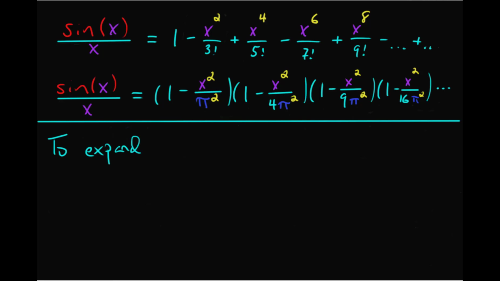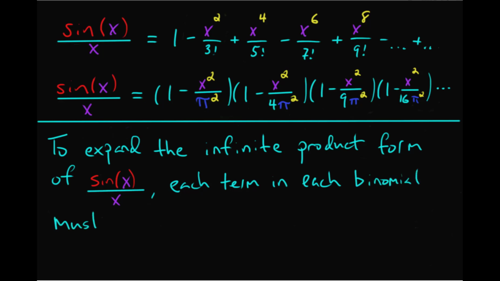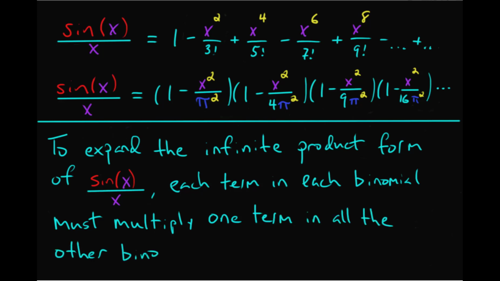Well, multiplying out an infinite product, such as we have for sine of x over x, might seem like a tall order, but all we have to do is follow the ordinary procedures that we would always follow for multiplying out polynomials. And when we do that, we have to remember that as we expand this expression, each term in each of these binomials can only multiply one other term.